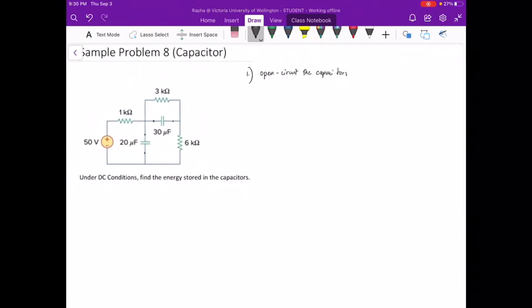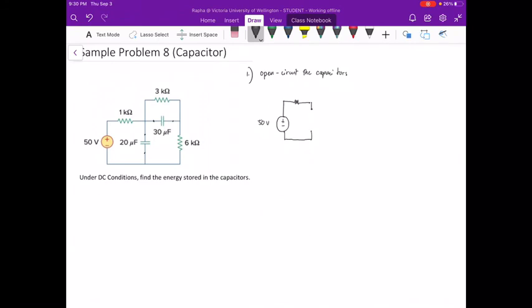Let us just redraw the diagram. We have the voltage source. We have this resistor network over here. We will assume that to be an open circuit.